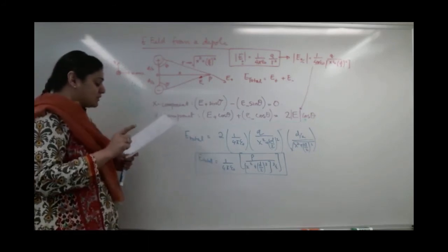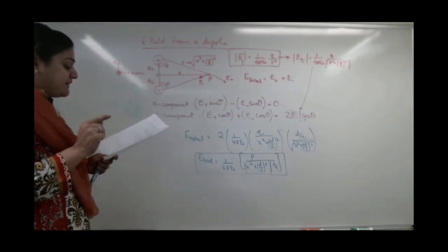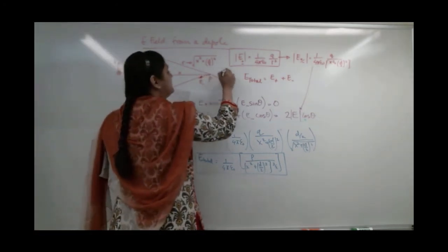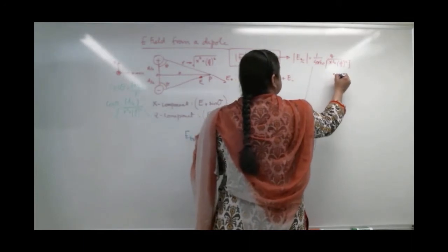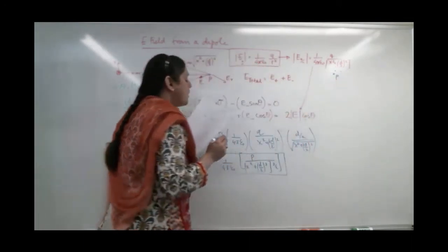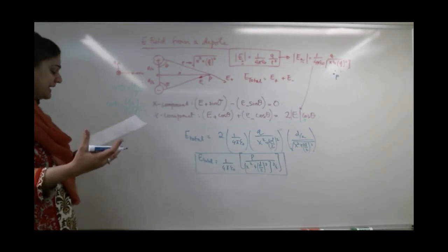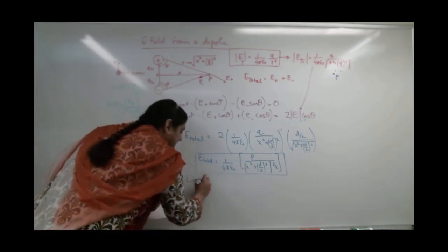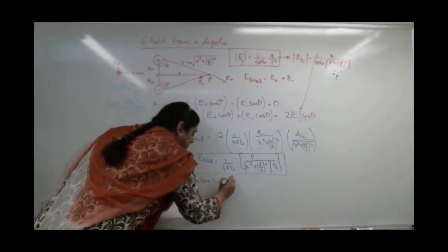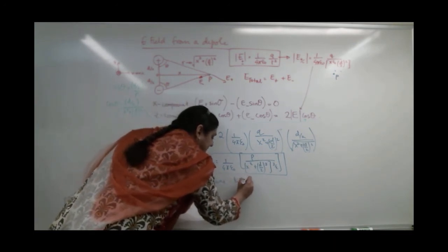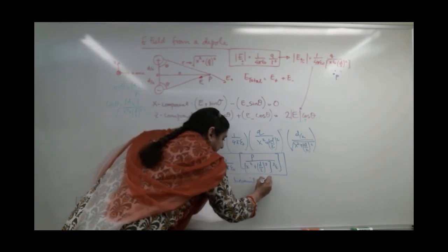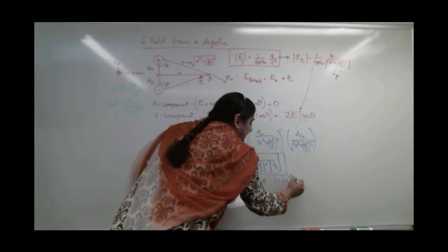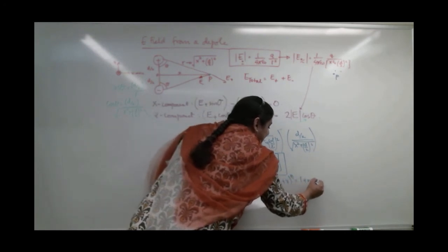Now for step 2. For points very, very far away compared to d, if you take this point P and move it really far away, what will happen? This will be a limiting case. For the limiting case, we use binomial expansion, which means (1 plus x) to the power n is approximately 1 plus nx, and so on.